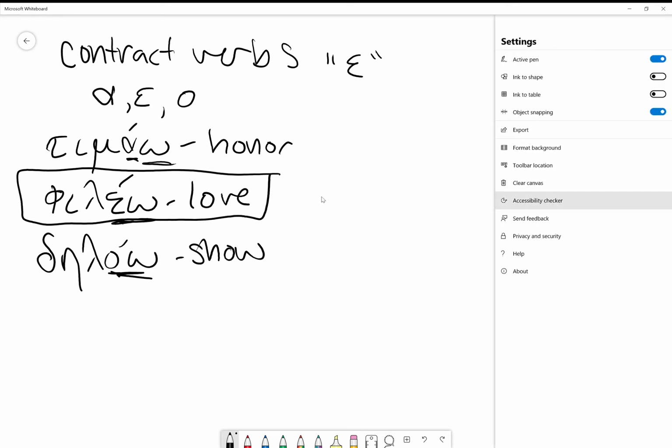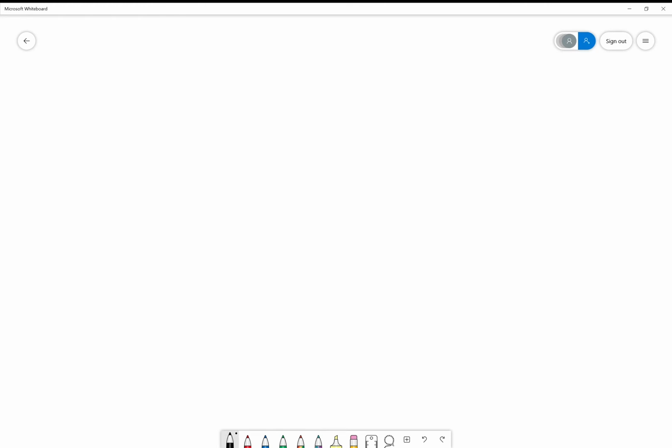So basically, what you have happening is vowels coming together, and Attic Greek, at least, does not like it, so it does this thing called contracting. When you have an epsilon plus an omega, that comes together into an omega.